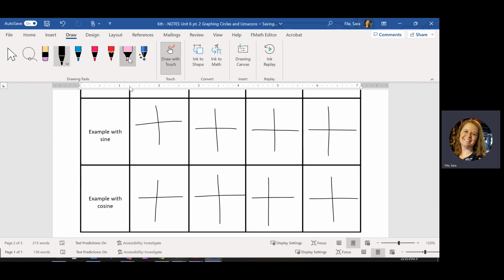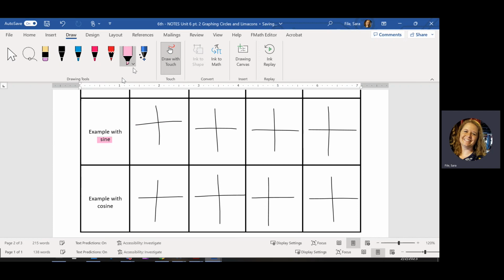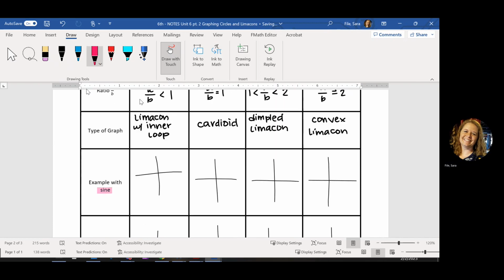All right. So again, sine is going to be drawn along which axis? Sine is going to be drawn along the vertical. Cosine is going to be drawn along the horizontal. Okay, so we said limacon with an inner loop. If it's sine, we're going vertical.